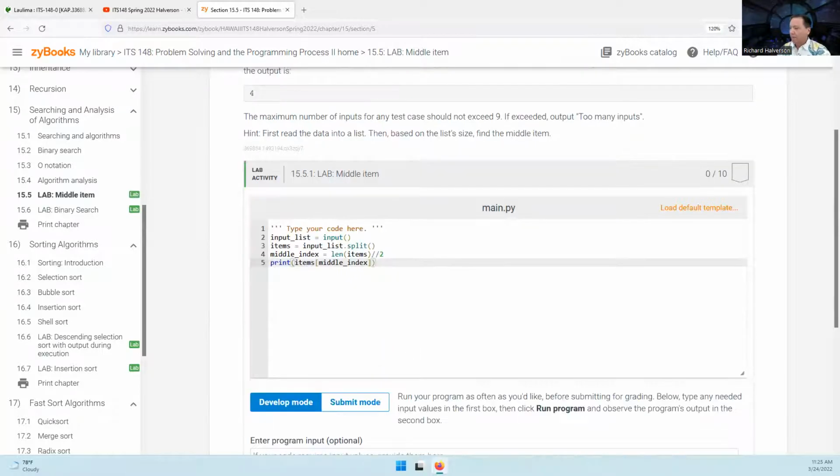So let me run this using something. This is 148. I'm just going to get, do I have some sort of test? Here's a test.py. Do it this way.